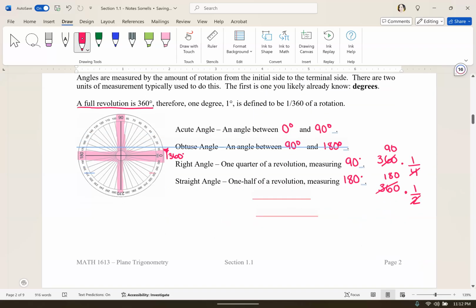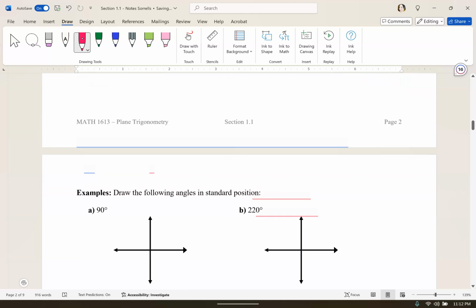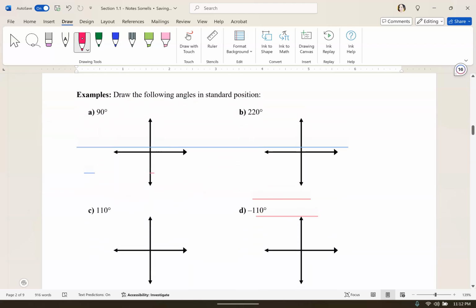Okay, let's go to page 3. So here on page 3, I want you to practice drawing these angles. I'm going to do about 1 or 2 with you, and then I would like it if you would pause the video and give them a try, and then see how well you did.